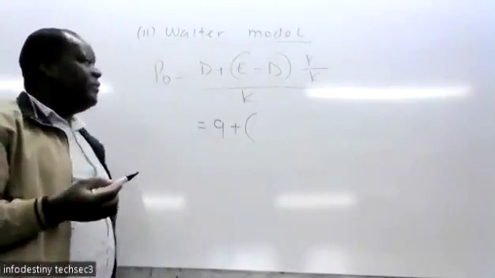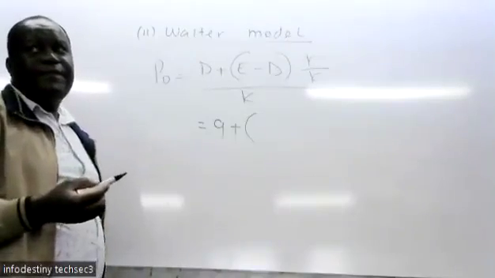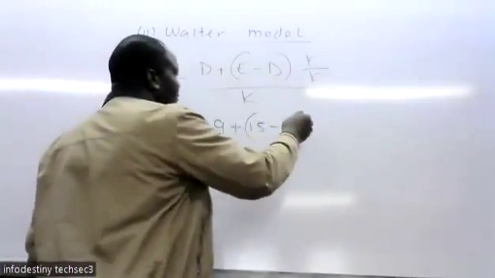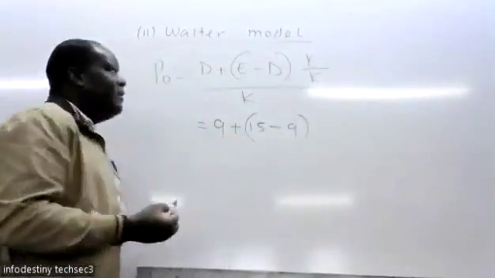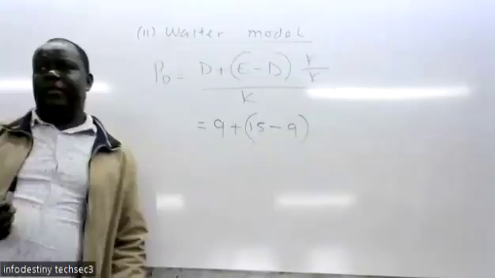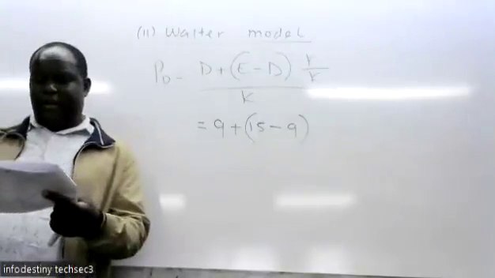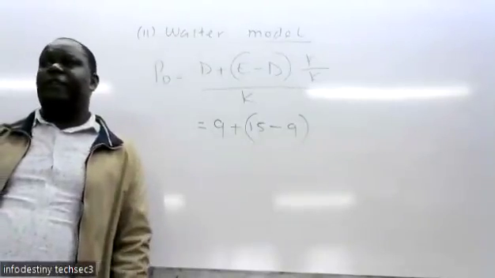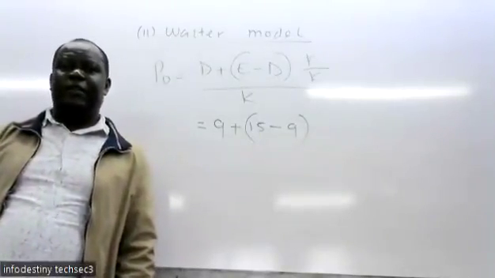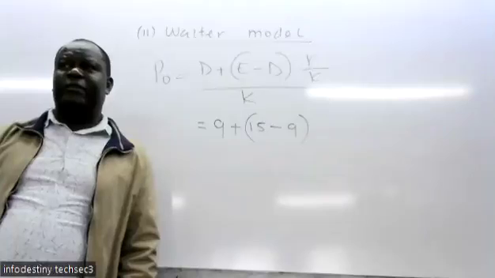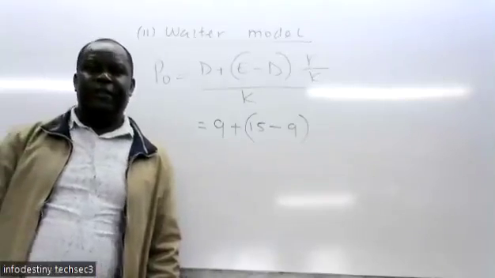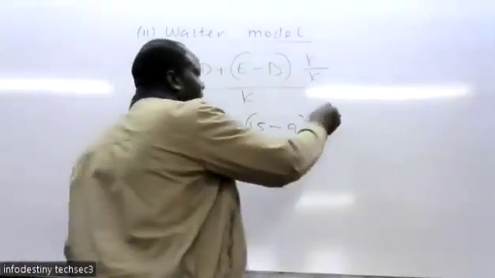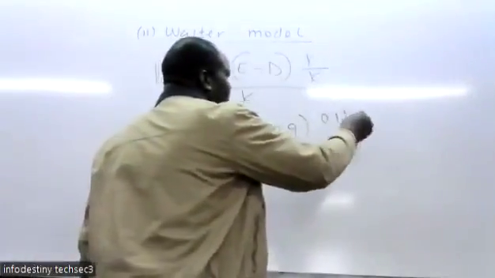E we already know it. Earning per share is which here? 15. You also subtract 9. So R, we already have it. Rate of return R is now our internal rate, which is 16%, the same as 0.16.